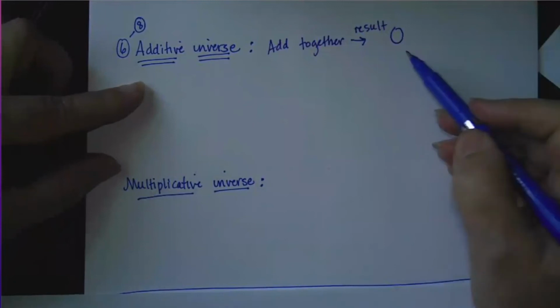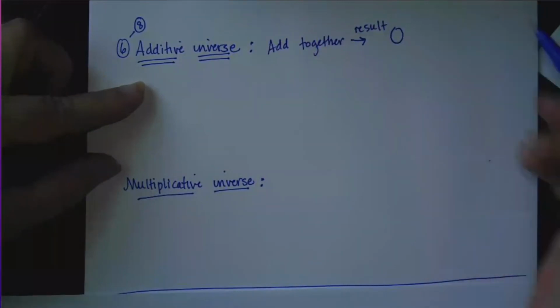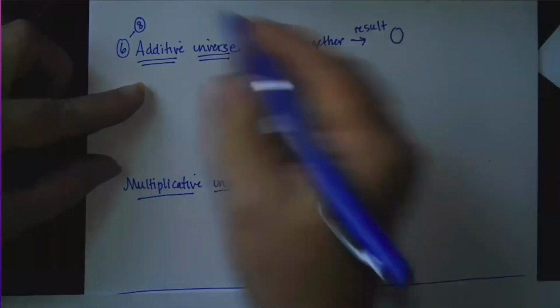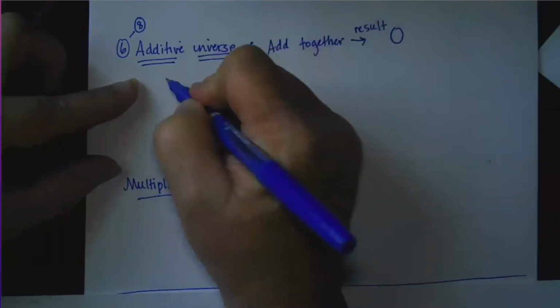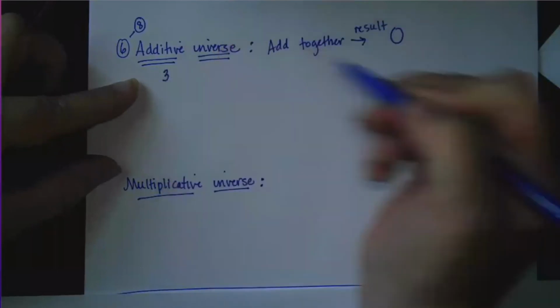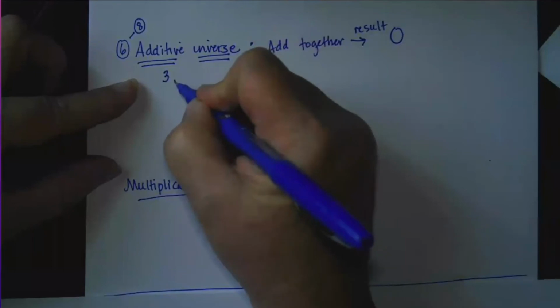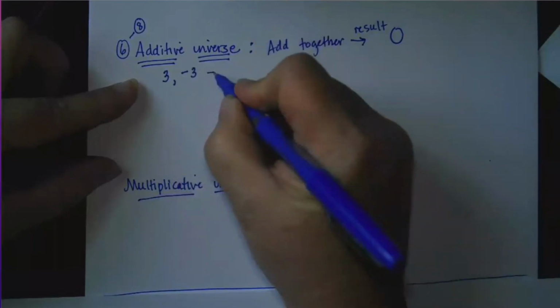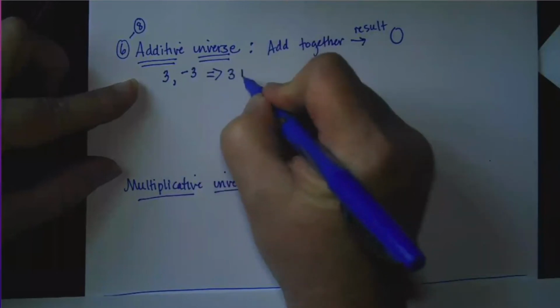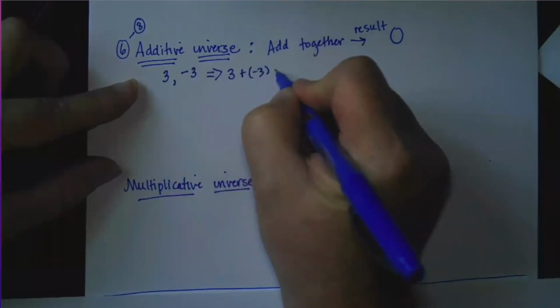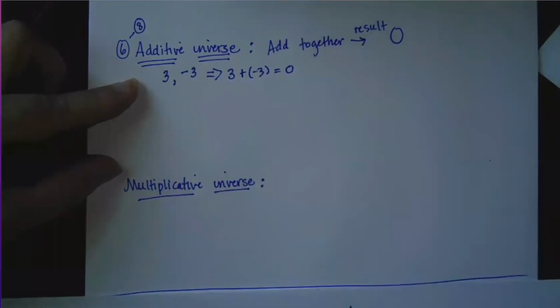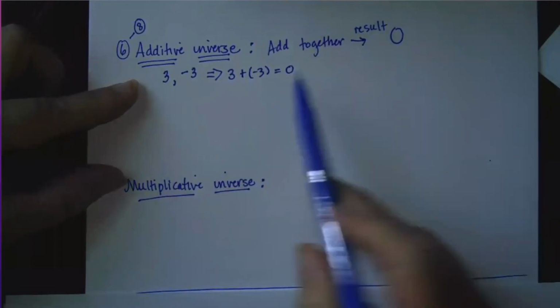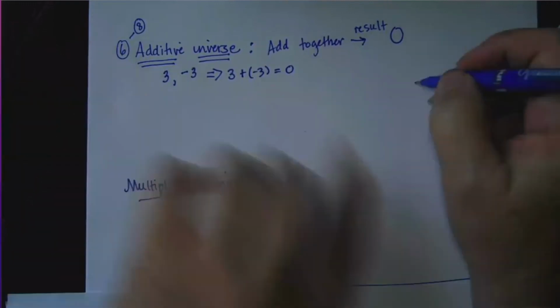For example, the additive inverse of 3 is -3, because 3 plus -3 gives me 0. This is important if you think back in algebra.